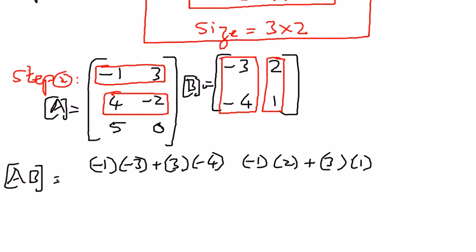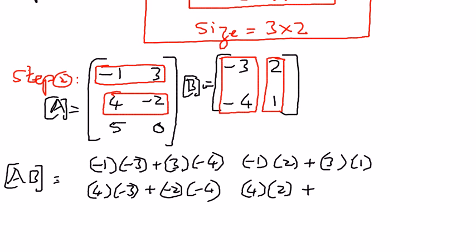So 4 times -3 plus -2 times -4. Then 4 times 2 plus -2 times 1. We've exhausted the second row, multiplying by the corresponding columns of the second matrix.